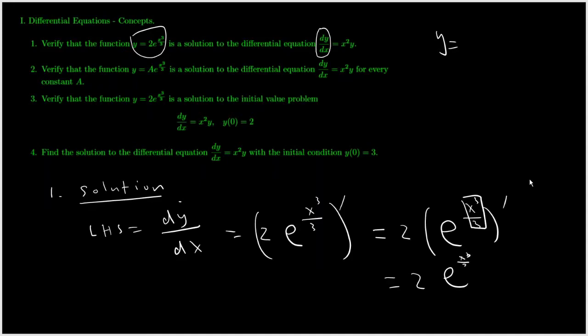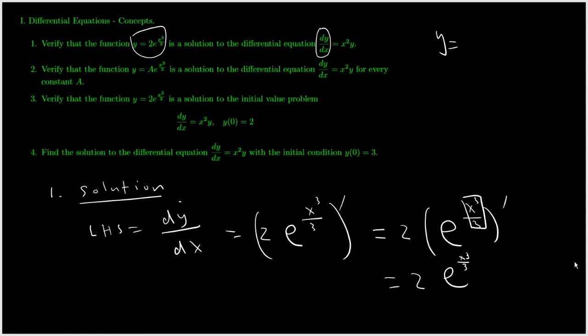Now you see why I spent a long time on the chain rule, actually. You have x cubed over 3. And then, because u is a function of x, you have to keep on going.